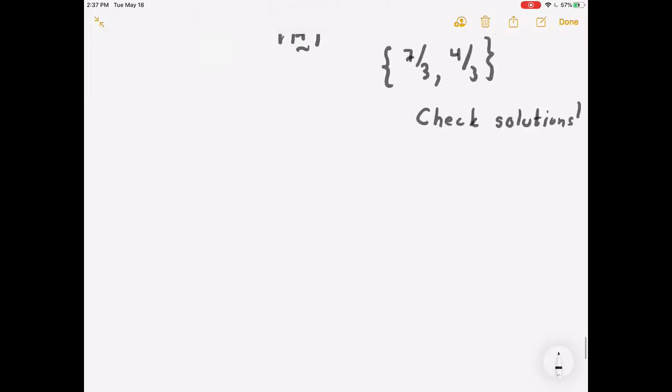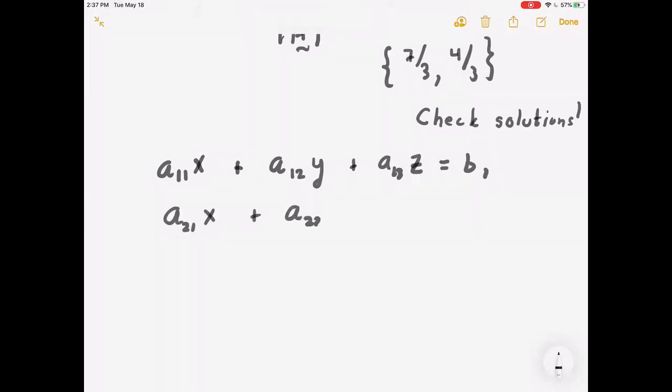Now, the beauty of Cramer's rule comes when you try to apply it to more complicated problems. So again, I could write down the following equations, and I know exactly what these subscripts mean. a sub 1,1 times x plus a sub 1,2 times y plus a sub 1,3 times z equals b sub 1. a sub 2,1 times x plus a sub 2,2 times y plus a sub 2,3 times z equals b sub 2.